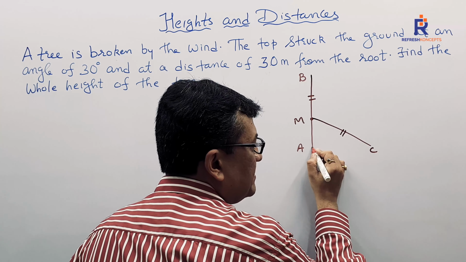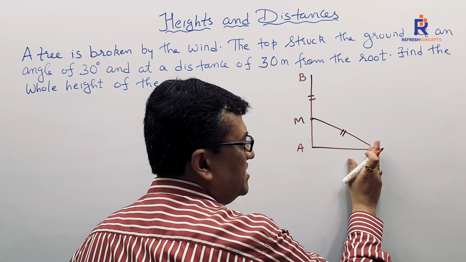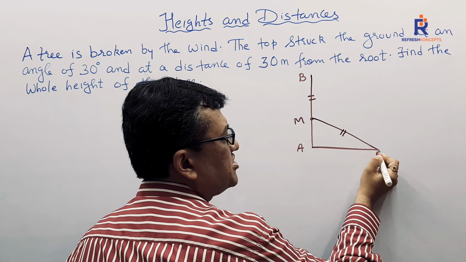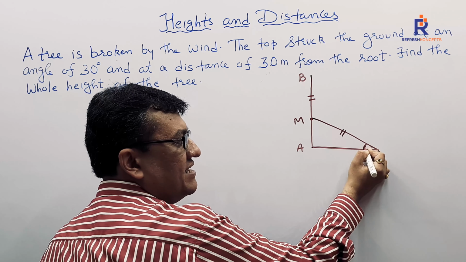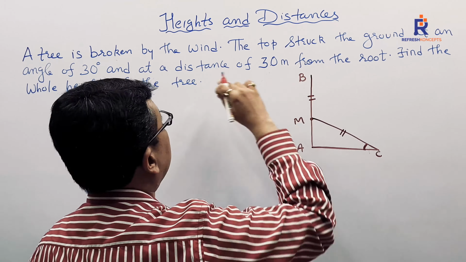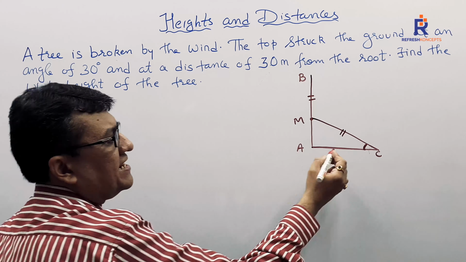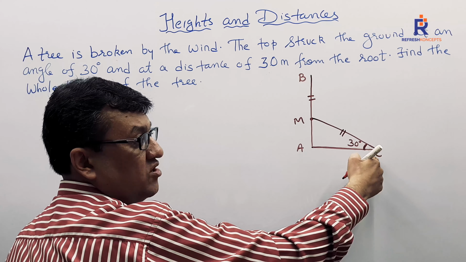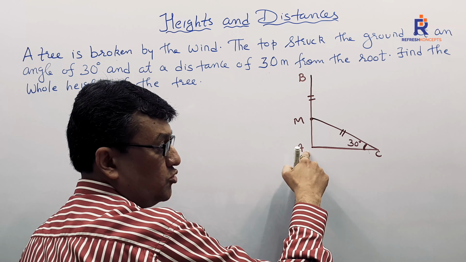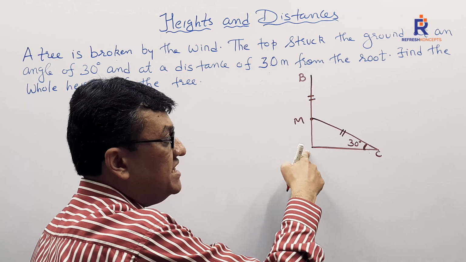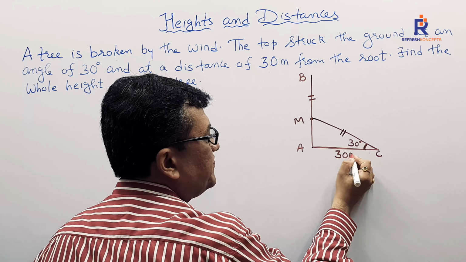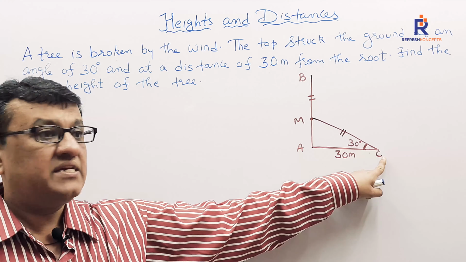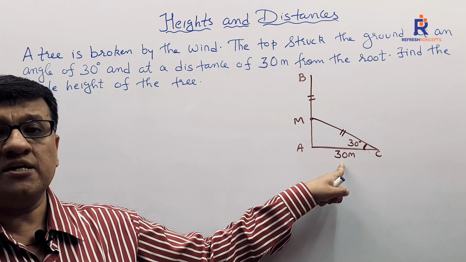Further, the question says this top portion strikes the ground at an angle of 30 degrees. Moreover, the distance of the top from the root, where A is the root of the tree, is 30 meters. The distance of the top, which is C, from the root is 30 meters.